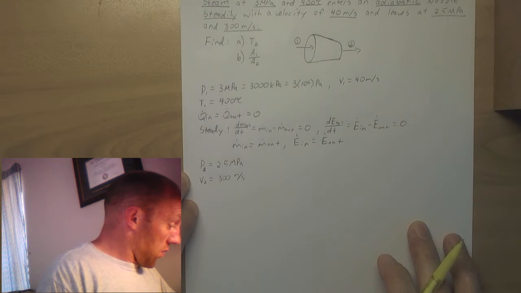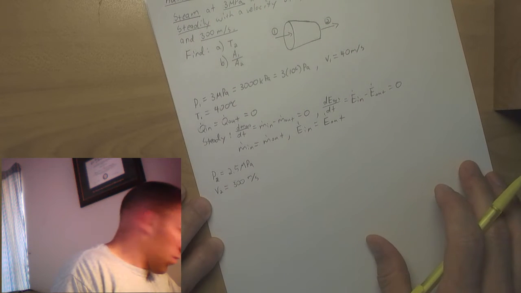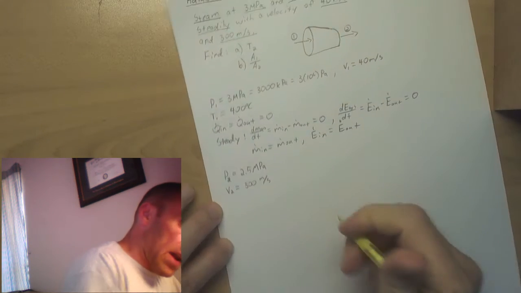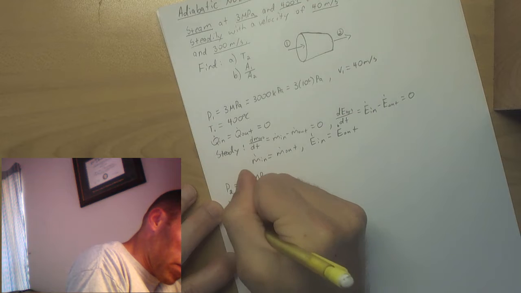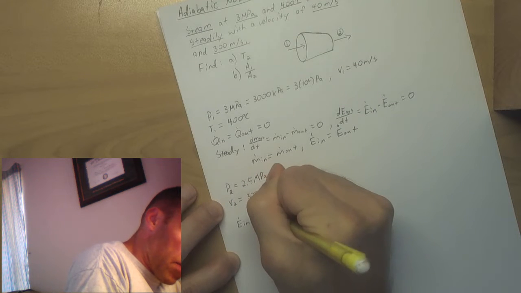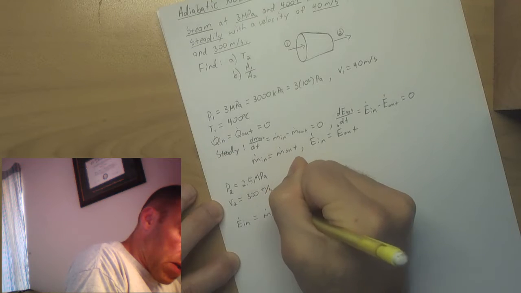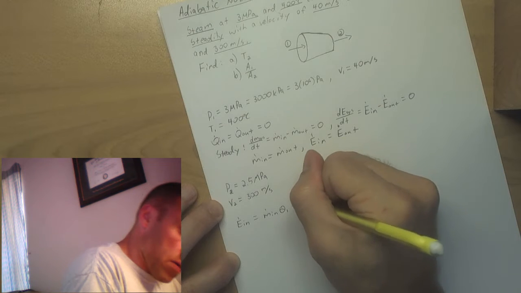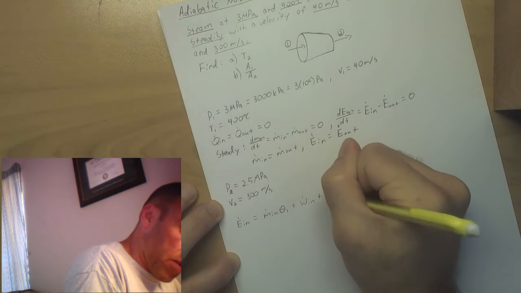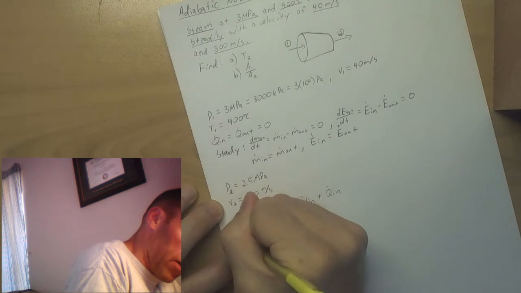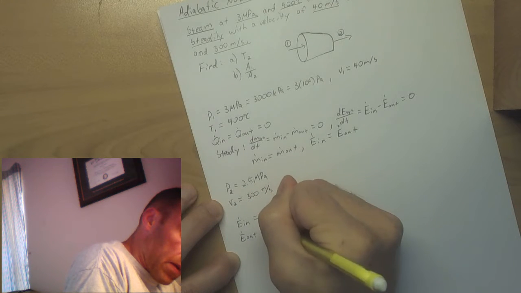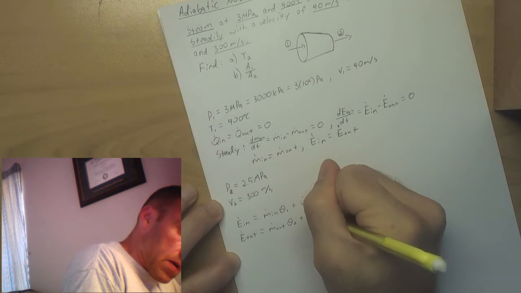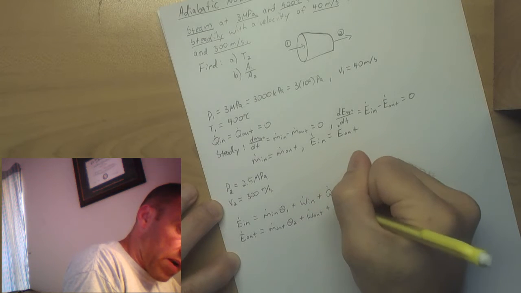So let's write down the energy balance equation. It simplifies, remember, to E dot in equals E dot out. So E dot in is M dot in theta 1 plus any work interaction in plus any heat interaction in, and E dot out is basically the same quantities but on the exit.